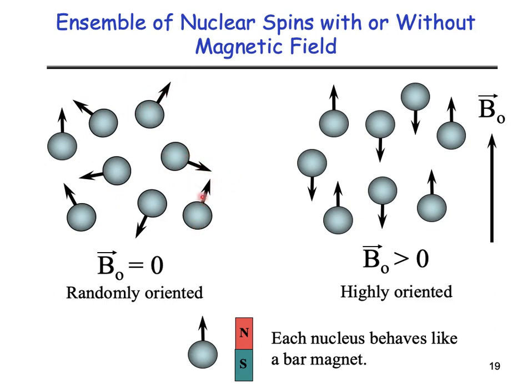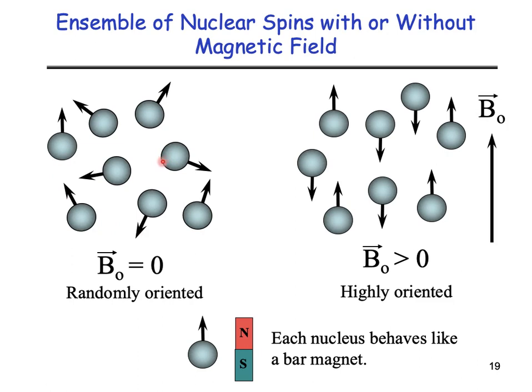All these nuclei are in random motion when they are outside a strong magnetic field. That's why B naught is equal to 0, because these nuclei are not under the influence of a strong magnetic field.